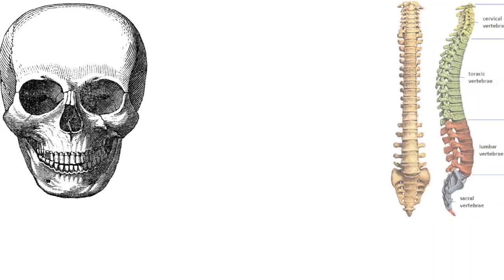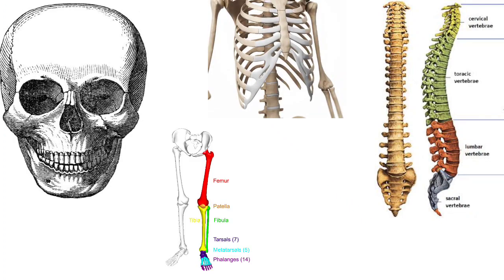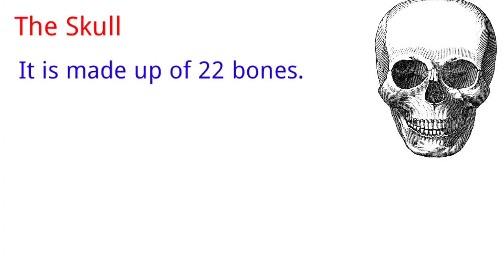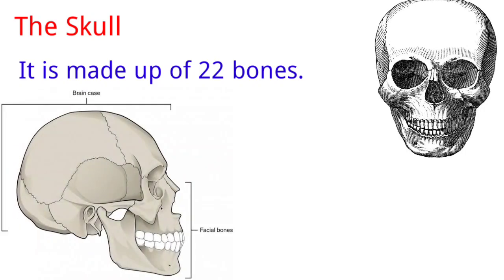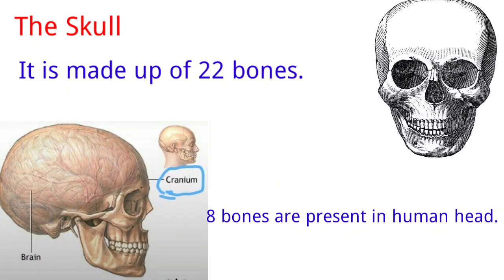The skull, backbone, rib cage and limbs are the important parts of the skeletal system. Skull. It is made up of 22 bones. Out of these 22 bones, 14 are facial bones, as these are part of the facial region, and 8 bones form the human head, also known as the brain box or cranium.